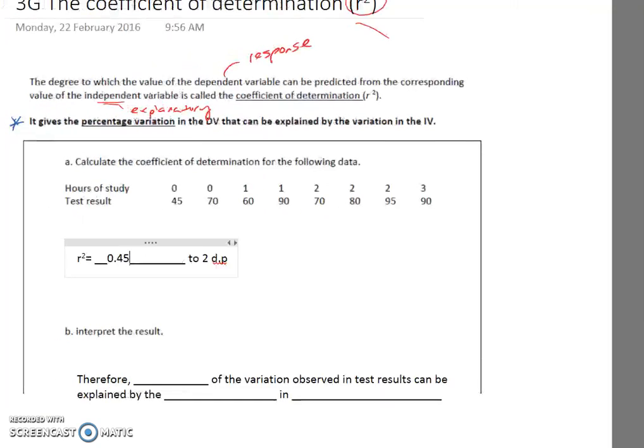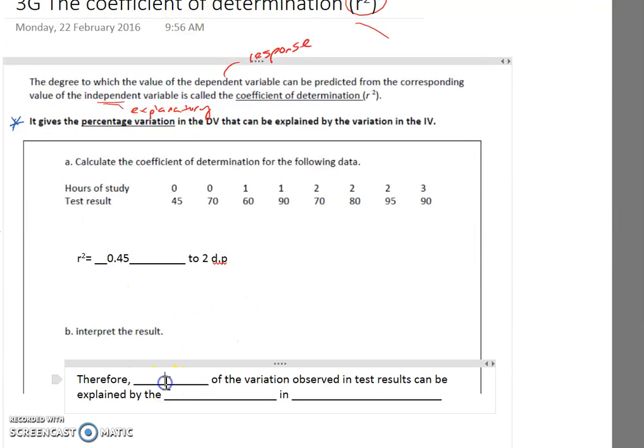Okay, now interpret the result. This r squared value is a proportion, but we need to write it as a percentage, so to do that you multiply it by 100.